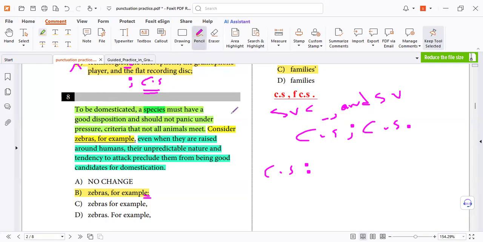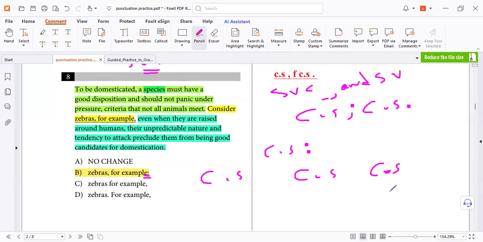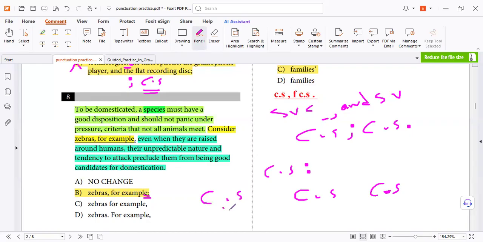Let me help you again. We have three sentences here. Look, complete sentence, complete sentence, complete sentence. This is a very important point in the test, by the way, but we'll discuss it more later. Now we need to connect the three. Number one, number two, number three.